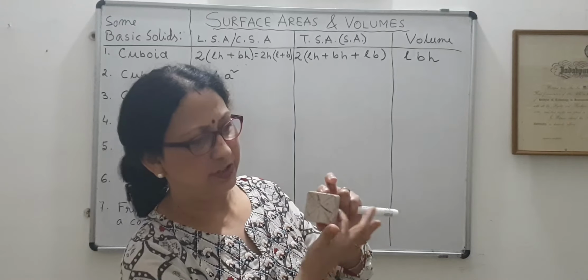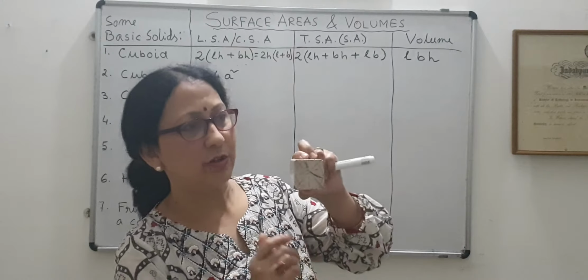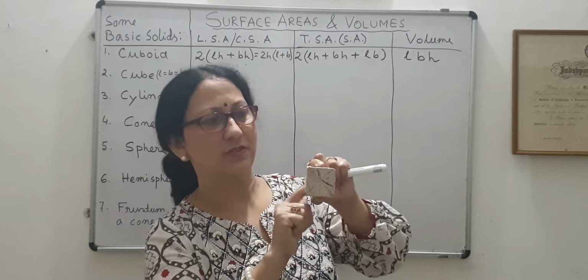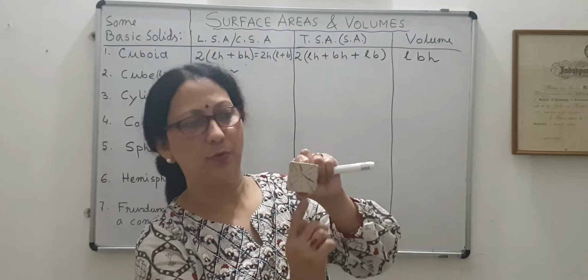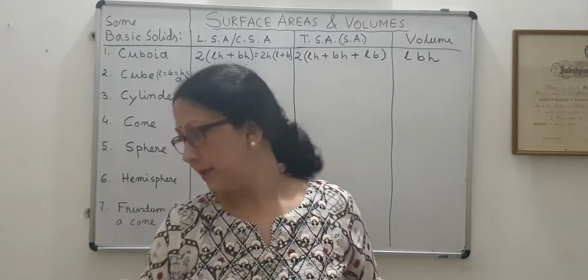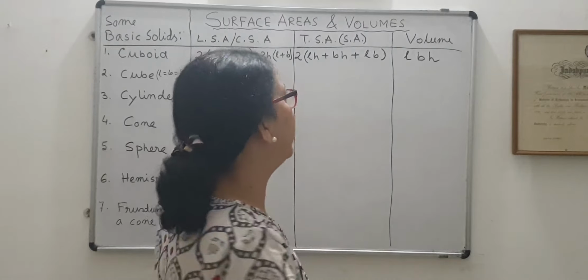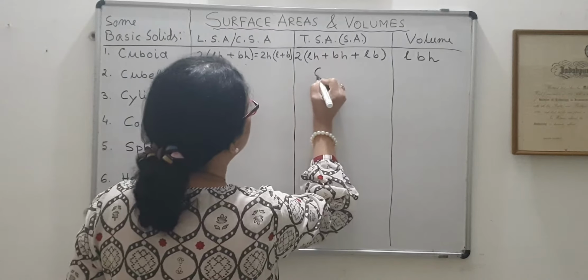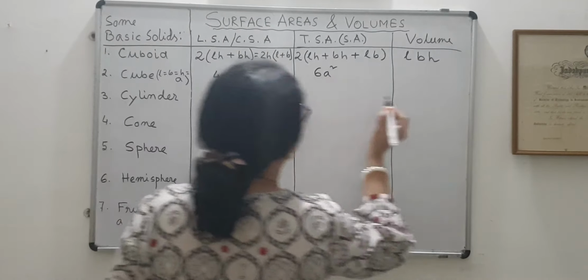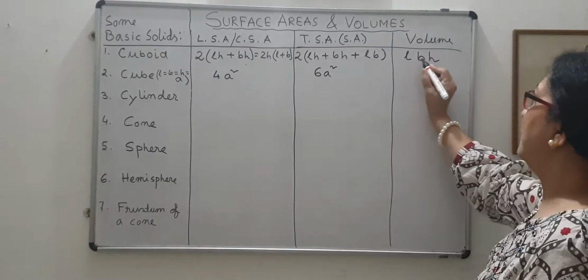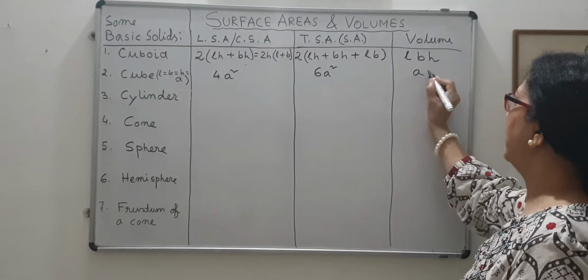There are 4 such faces laterally, and in total surface area there will be 6 faces, 4 lateral, then 1 top and 1 bottom. So 6 faces of area a², total surface area is 6a², and volume will be a into a into a, that is a³.